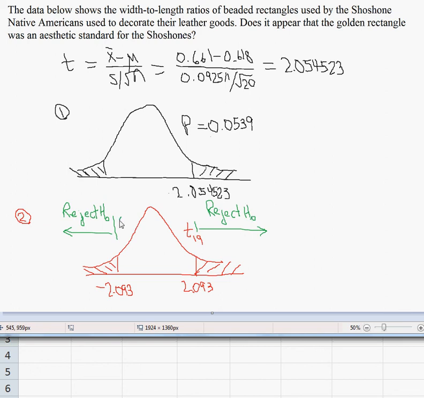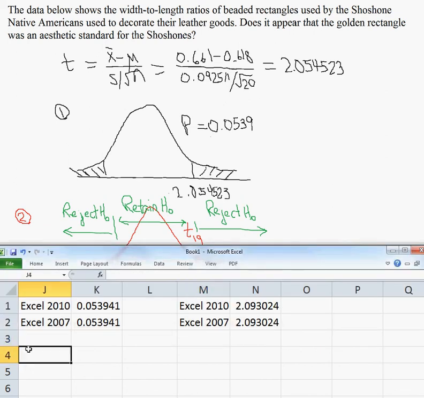But in between, the decision would be to retain the null hypothesis, to fail to reject. Now in our case, 2.054 falls about here, barely inside this range, so the decision is to retain the null hypothesis. And so we retain the null hypothesis.